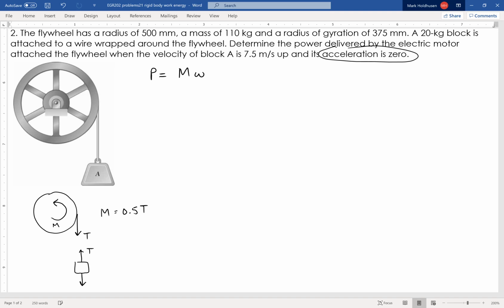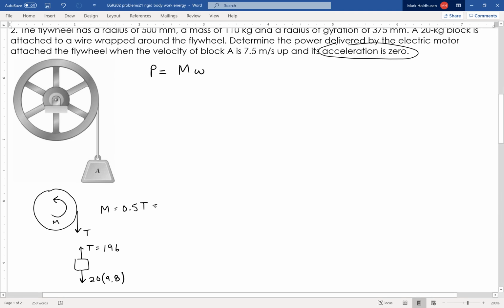I've got a weight pulling down. It's 20 times 9.8, which means that tension is just 20 times 9.8, which is 196. Again, because the acceleration is 0, this is just a statics problem, right? So from that, I learned that the moment is 98. Okay, so I got a moment of 98.